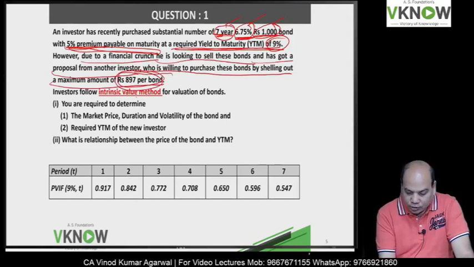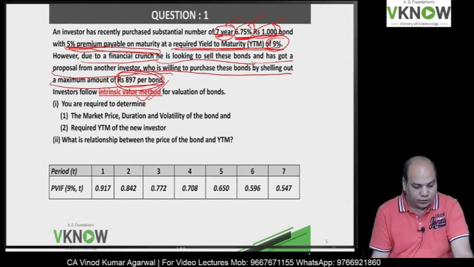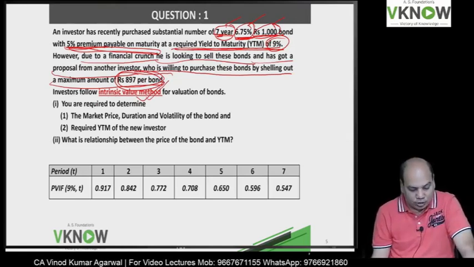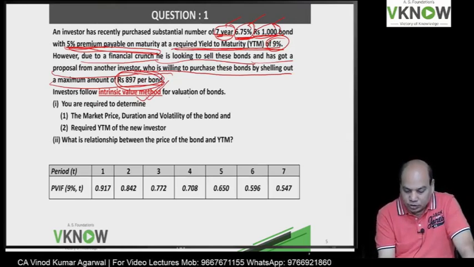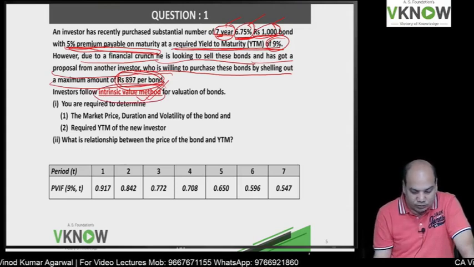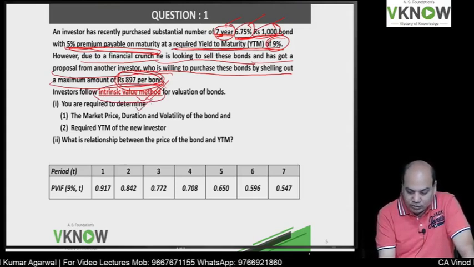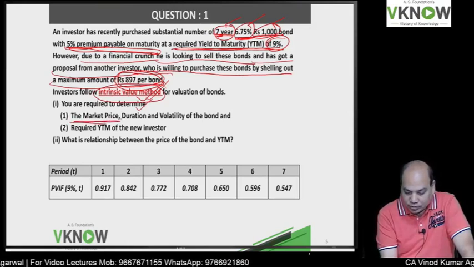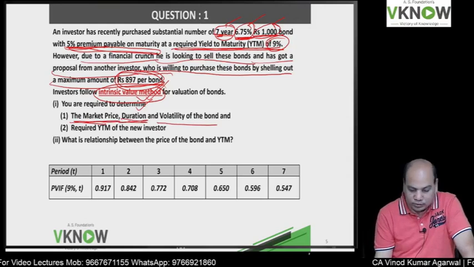Investors follow the intrinsic value method for valuation of bond. So in order to find the value of the bond, we have to calculate the present value. You are required to determine first the market price, then the duration and the volatility of the bond.